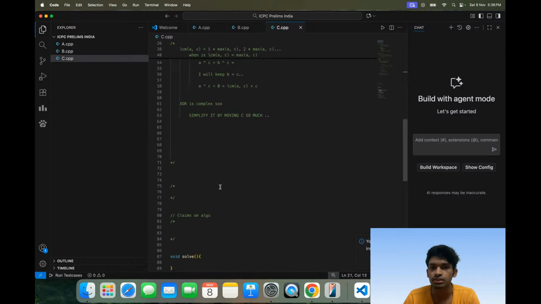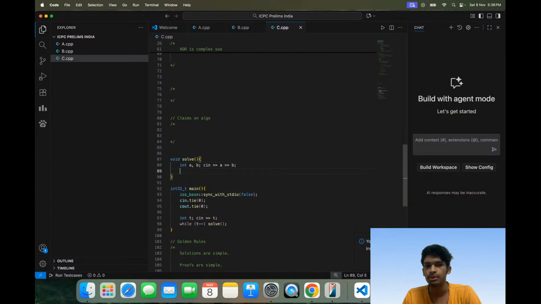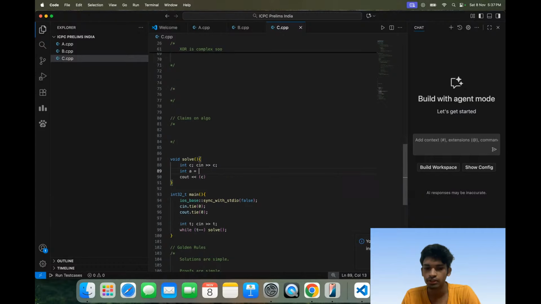So what is the answer now? A comma C, B, C in A comma B, C out. int A equals C times 2 power 40, let's say, or 2 power 30, let's say.